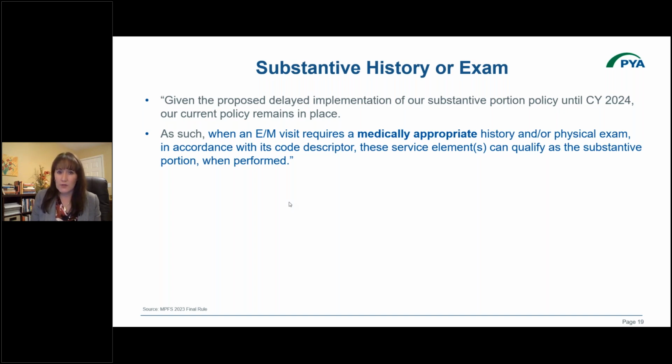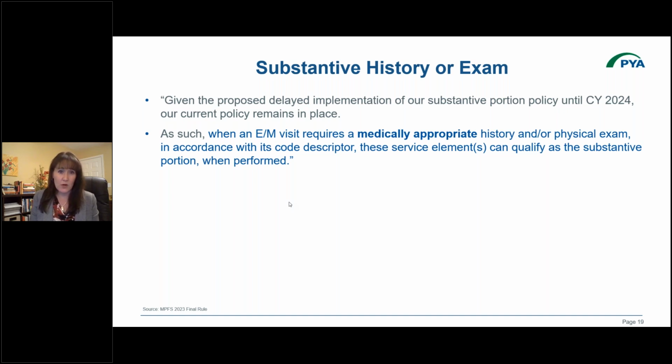So this is going to continue to be a concern. We do not have to implement time as the only component until 2024. As of right now, we would want to look for the 2024 proposed rule and provide lots of comments in regards to this, because I don't think that this is the direction that we should be heading.